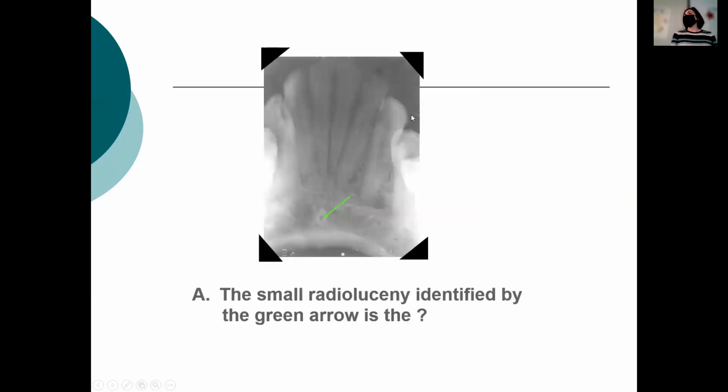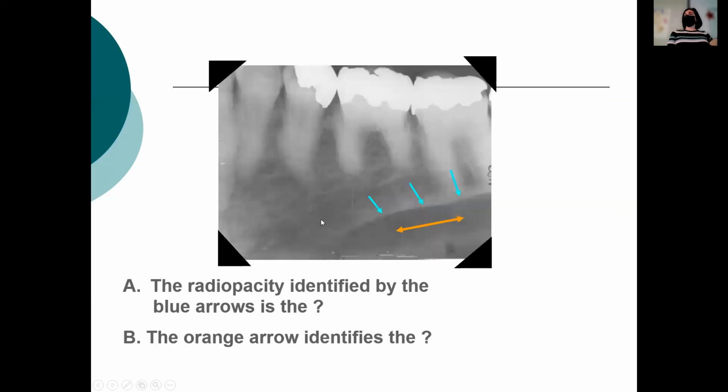Zygomatic process. What do we call this radiolucent area? Lingual foramen. Good job. What do we call this radiopaque line here? Mylohyoid or internal oblique.